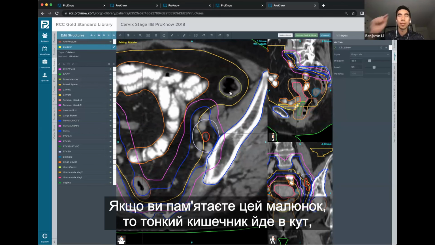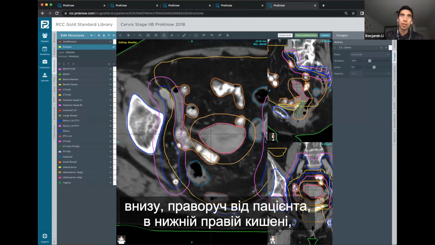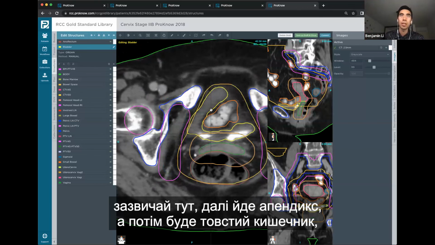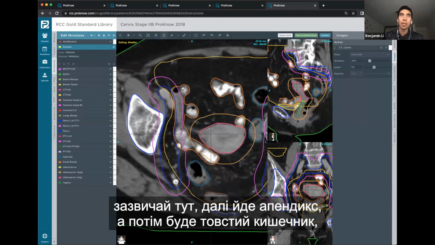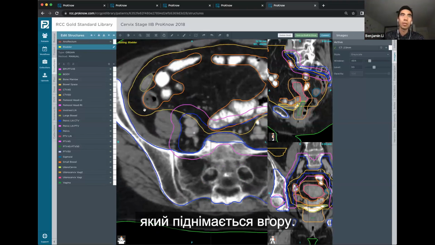So if you remember that picture, you have the small bowel goes into the corner, this bottom patient's bottom right pocket, usually here, and then you have the appendix, and then there's going to be large bowel that goes up.